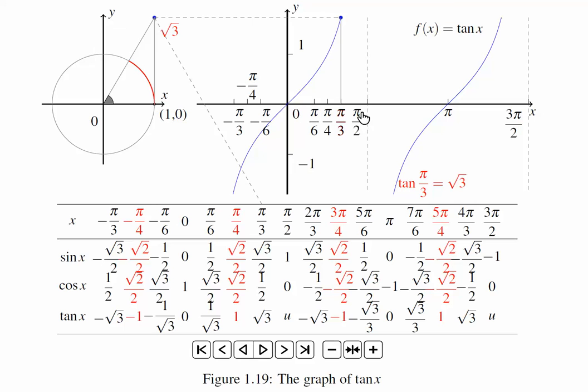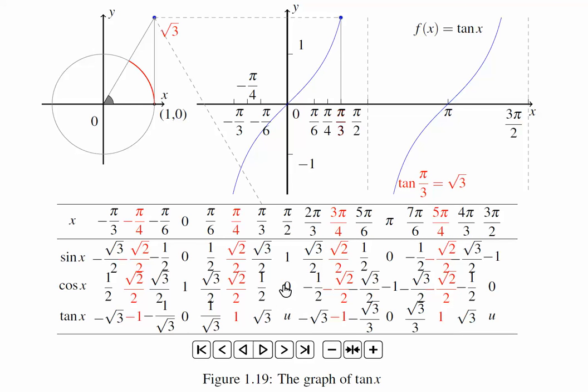Let's consider pi over 2 at this point. For pi over 2, that's basically the point is right here. We know this point is 1, 0, and this point will be 0, 1. So sine pi over 2 is 1.